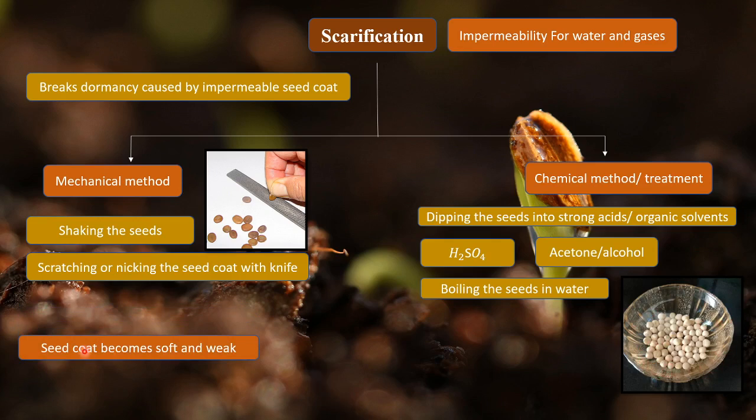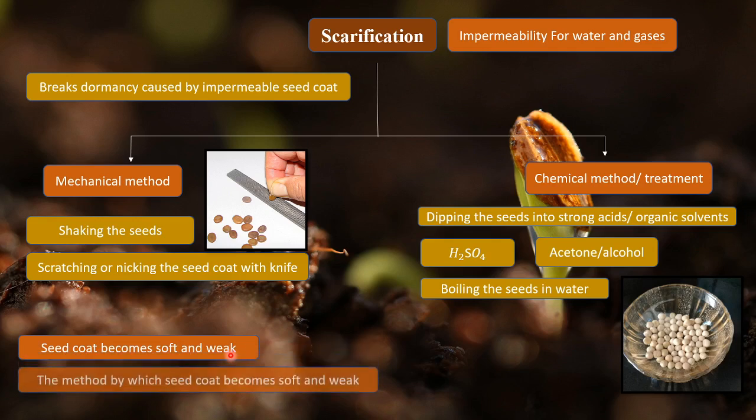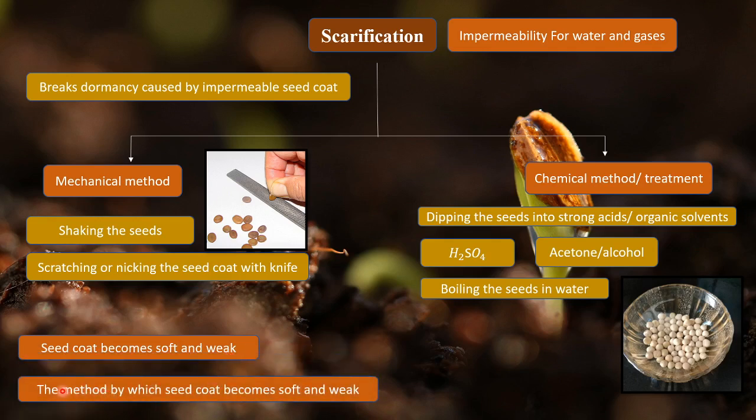So what happens by scarification is that the seed coat becomes soft and weak. So the method by which a seed coat becomes soft and weak is called scarification, right?